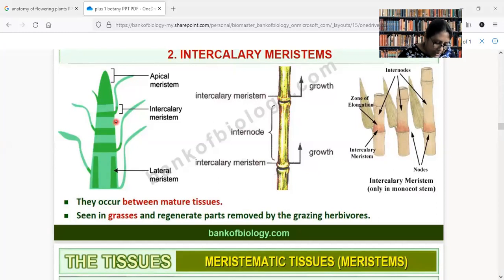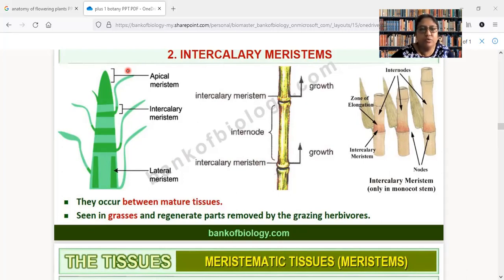Okay. So what is the responsibility of this type of meristem? Apical meristem is responsible for growth of the apex and intercalary meristem is responsible for lengthening of the plant part. That means the increase in length of shoot, the increase in length of root, all these are responsibility of intercalary meristem.